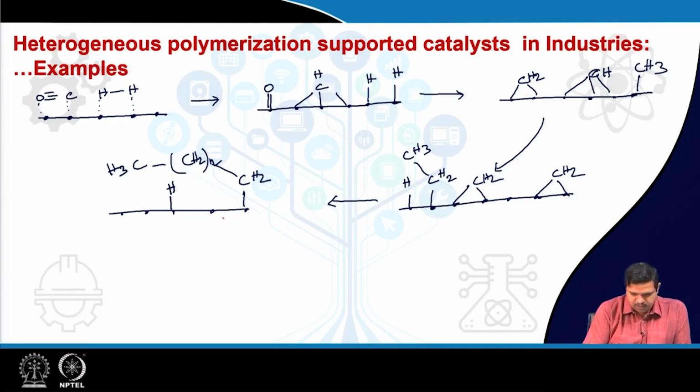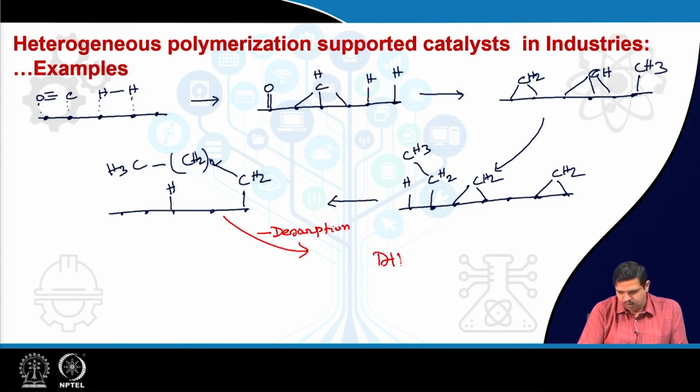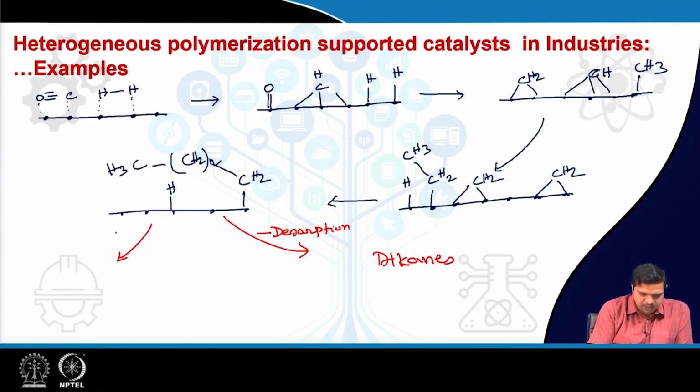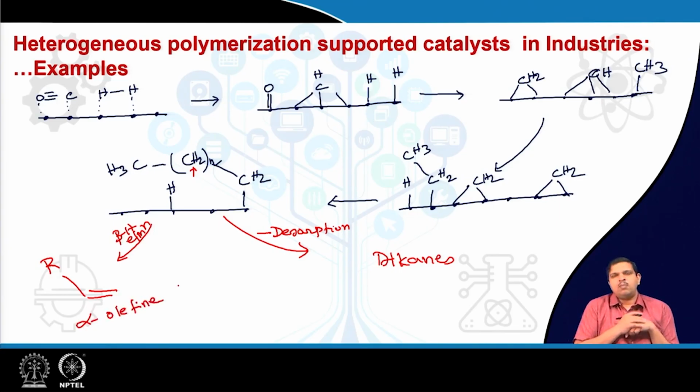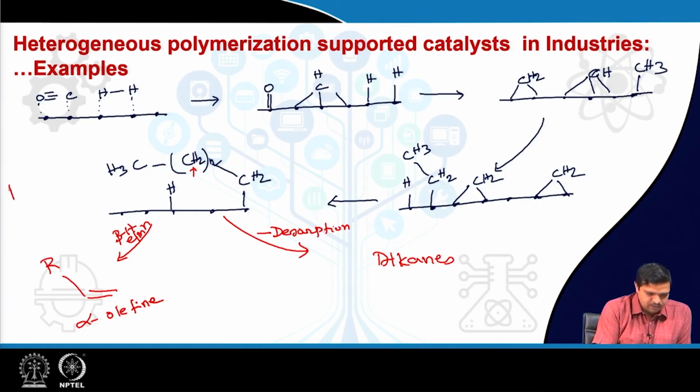okay, it can undergo desorption, and desorption will produce the alkanes, and it can also undergo beta H elimination, okay. So this hydrogen, okay, will be beta, and it can give the alpha olefin, okay, as a minor product. So this is a very simplified Fischer mechanism.